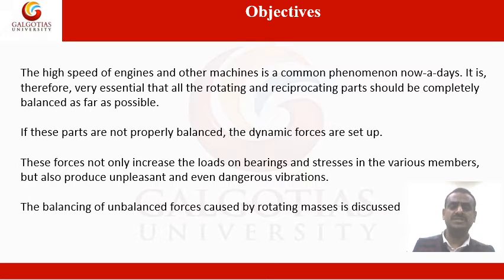These forces not only increase the load on the bearings and stresses in various members, but also produce unpleasant and very dangerous vibrations. Because of these unbalanced forces, maximum vibrations are created in the IC engine. The balancing of unbalanced forces caused by the rotating masses is the topic we are going to discuss in detail in this lecture.